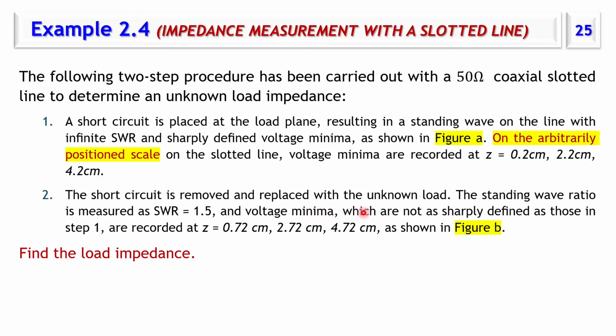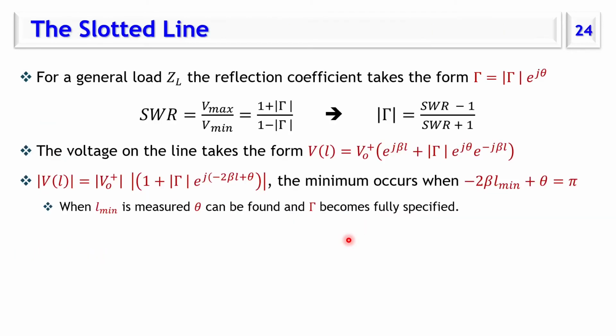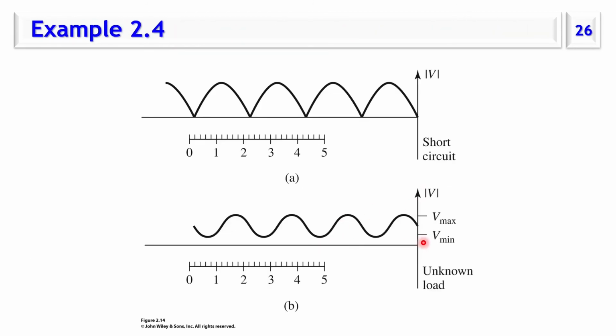The voltage minimum is recorded at those values. The first one is at 0.2 in this case, and here at 0.72. Because it's periodic and this corresponds to the short circuit, we can assume this is the place of the load.